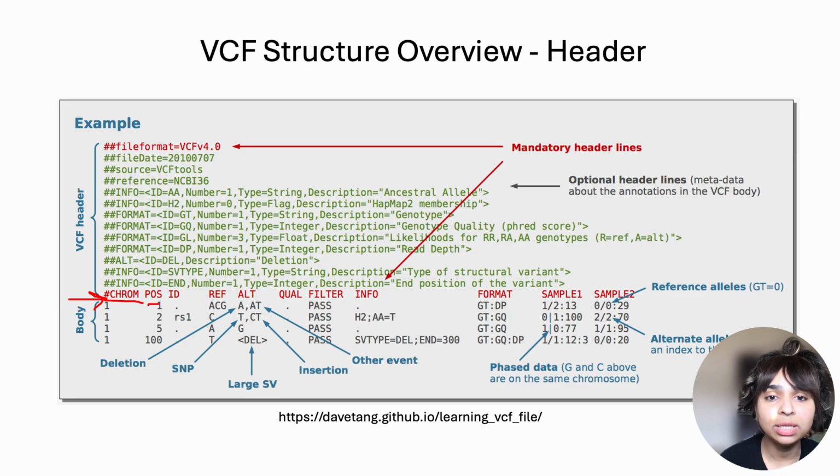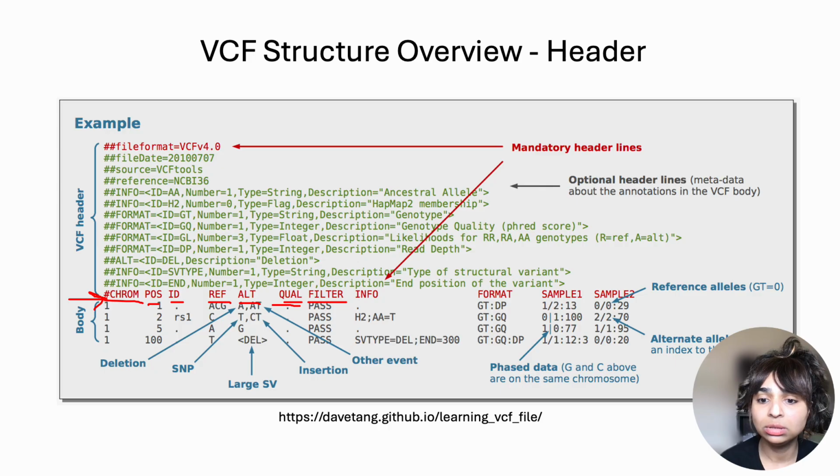QUAL means the quality score for the variant call. FILTER, which means whether the variant passed quality control filters or failed due to poor quality or depth. INFO, annotations about the variants such as depth or allele frequency. FORMAT, the structure of the sample column as we discussed previously.